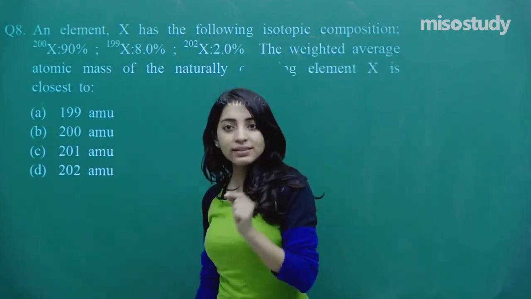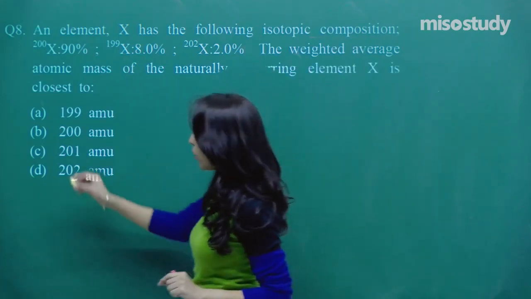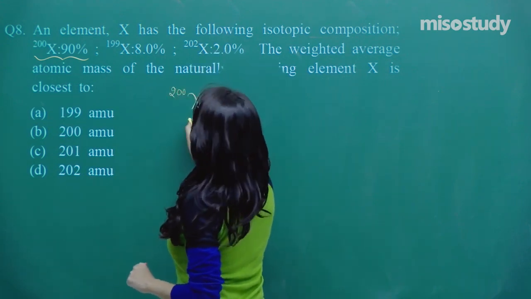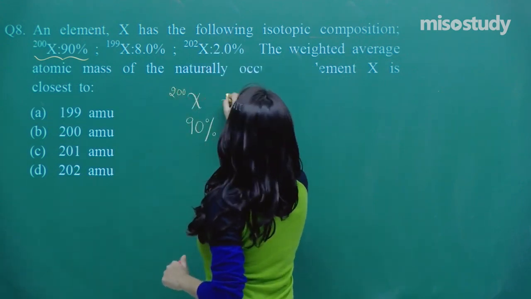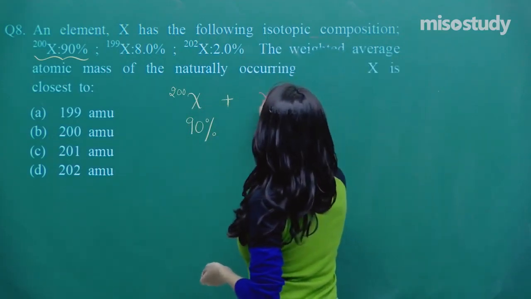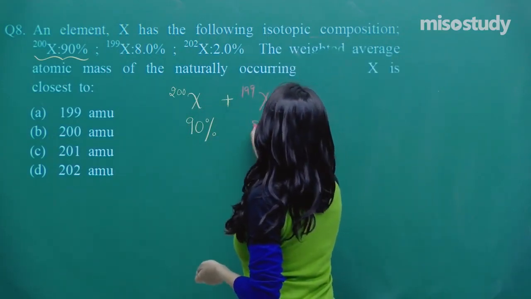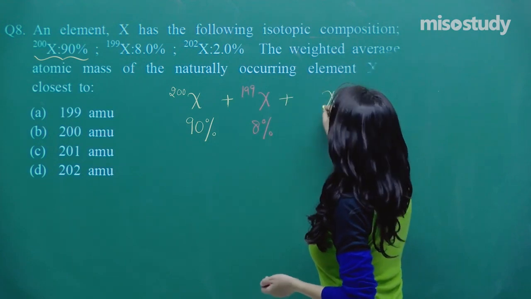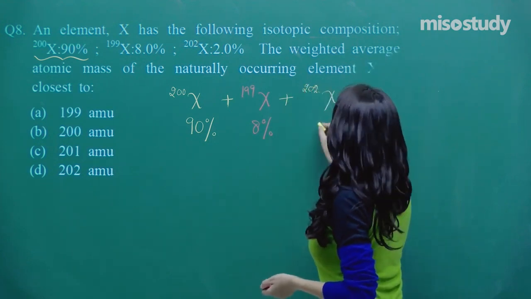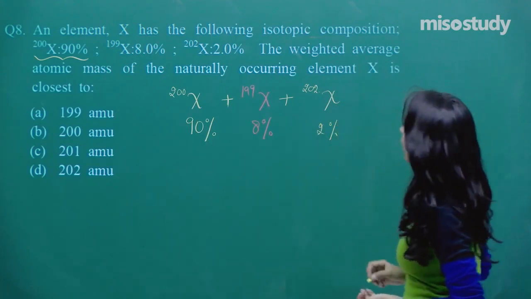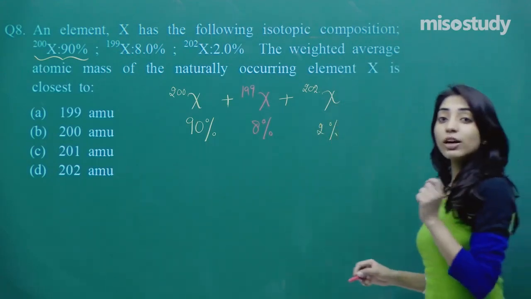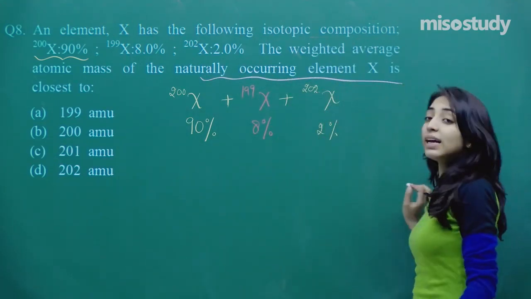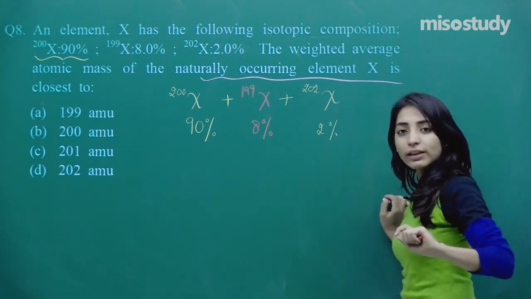That means element X exists in 3 different isotopic forms, which are given: X 200 as 90%, plus we have X 199 as 8%, plus we have X 202 which is 2%. The weighted average atomic mass of naturally occurring isotope of X is closest to which number?